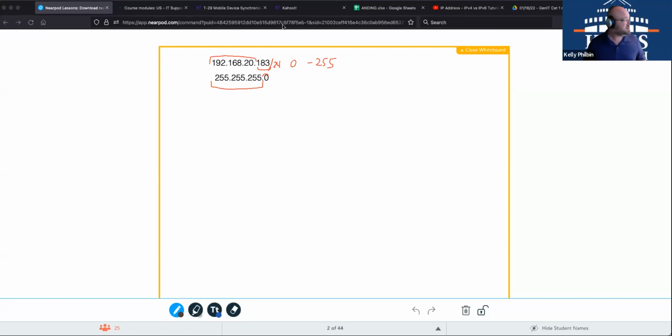And then just for slightly more confusion, I guess you could say, the binary for this is going to be, so this is the binary for our subnet, which basically comes out to this same thing right here.